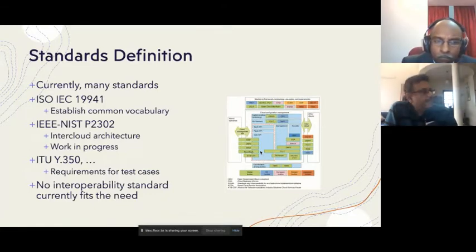That is not really a standard in the sense of what we call, say, TCP/IP is a standard. This is more a document which tries to establish a common vocabulary for talking about cloud interoperability. For example, in this document, if you want to talk about data portability, then it talks about what we mean by data portability.